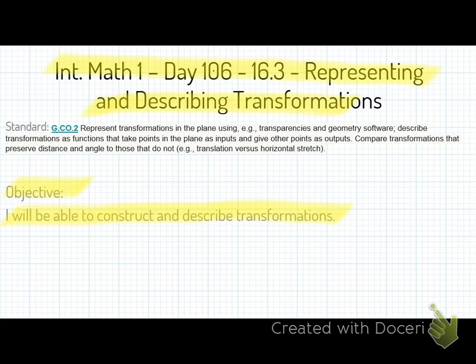Okay, so there are different kinds of transformations. So I'm going to make an x and y axis up here. Here's a better one.